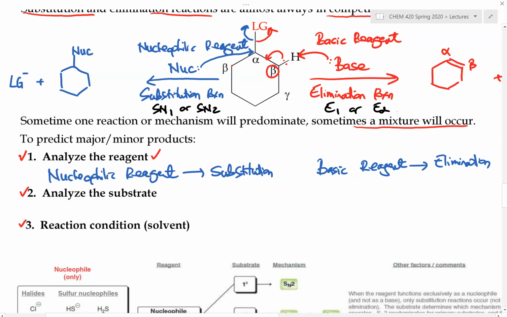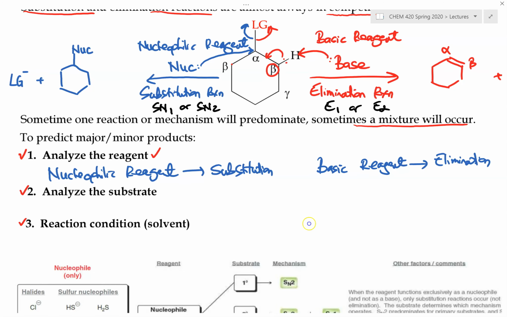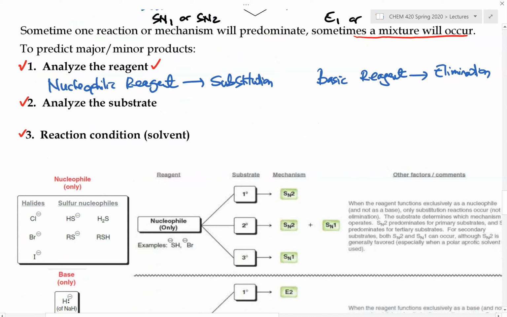Now that we know how to distinguish between substitution and elimination reaction already, let's say the reaction were to undergo a substitution reaction. How do we know if it would occur through the SN1 or the SN2 mechanism? The answer is that to distinguish, we have to analyze the substrate.